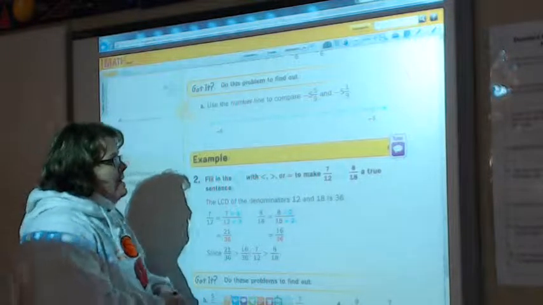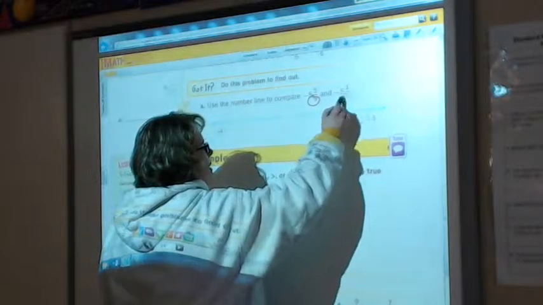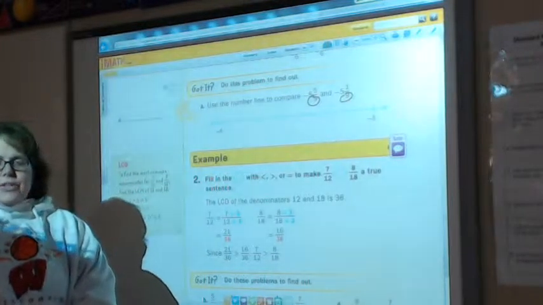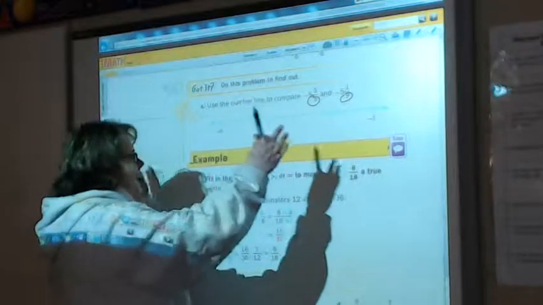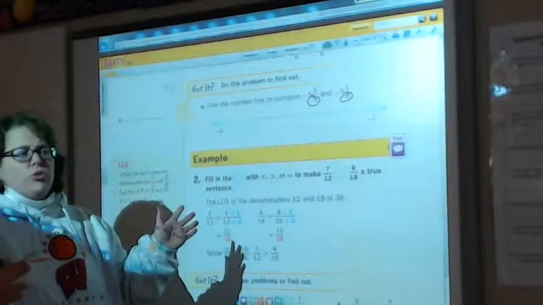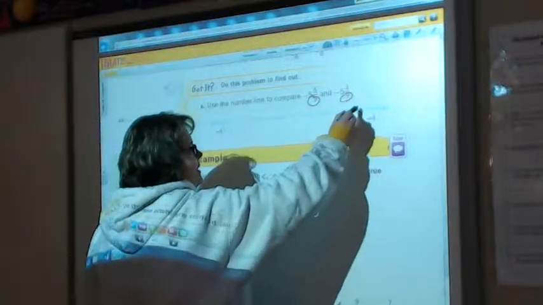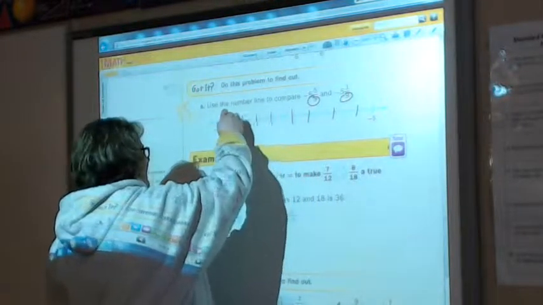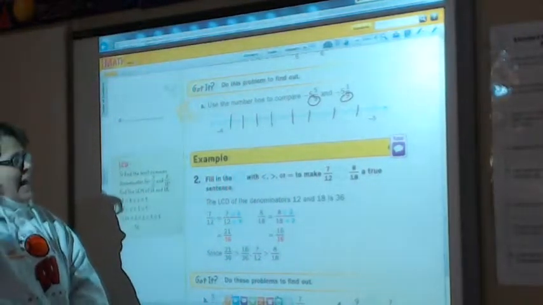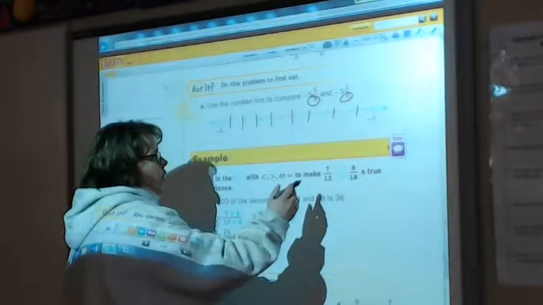And you're going to want to divide it by looking at your denominator. This denominator is a 9, so you're going to divide it into 9 equal parts. That means if you want 9 equal parts, you're actually only going to draw 8 lines. And then on those lines, you're going to label your ninths.